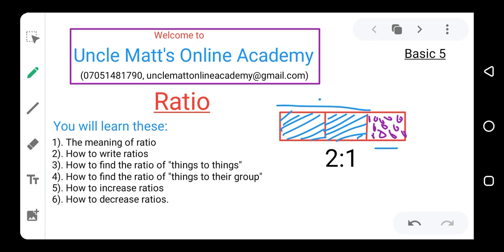So 2 parts of it is this, from here to here, and then the other part is this. So in a whole of a thing, you get the parts of it, and that is what we are actually talking about in a ratio.